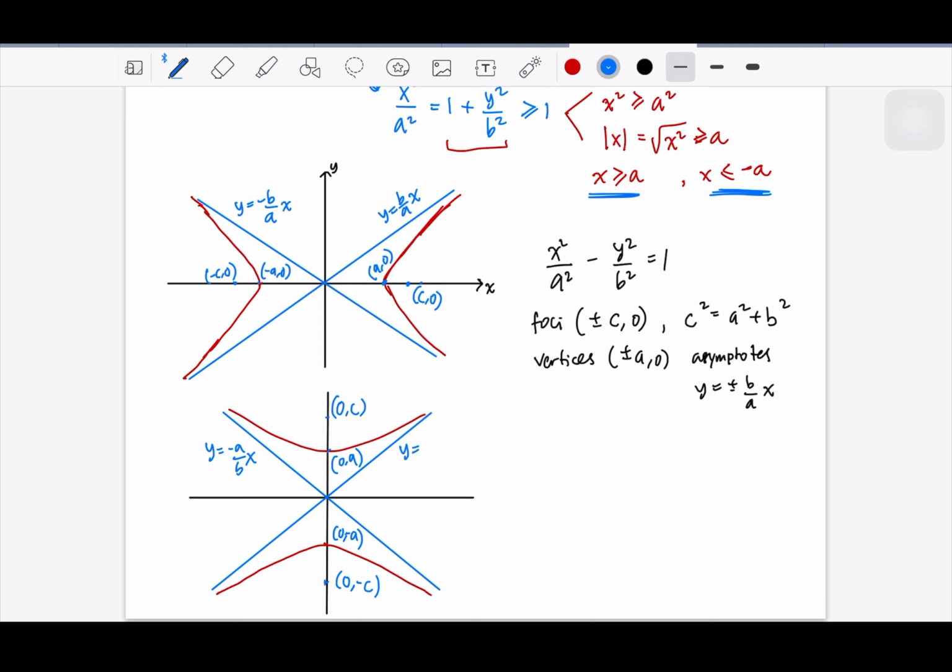And their asymptote will be just the reciprocal from the original one. So this will be y squared.